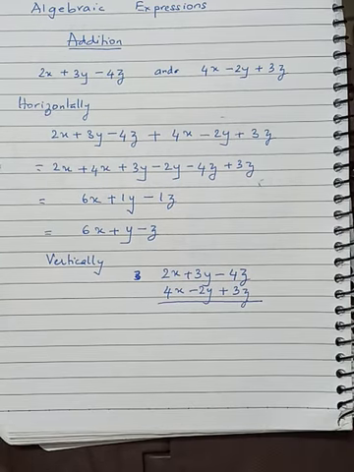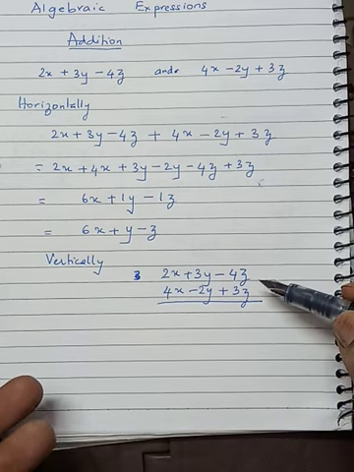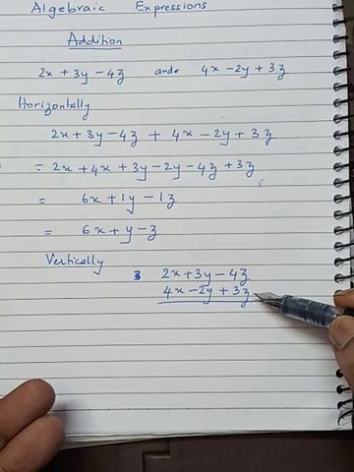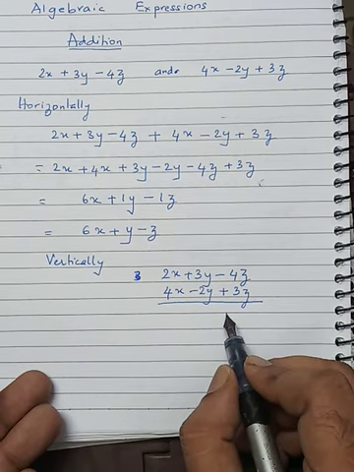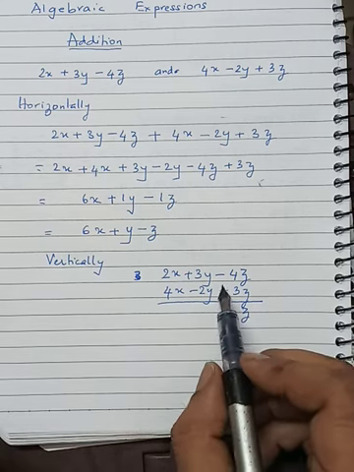Now I add it, let's see. Over here, minus 4z plus 3z will give me minus z. I told you I don't need to write the 1.